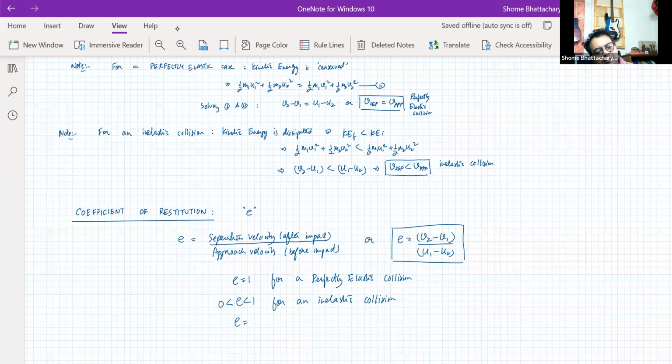And E is exactly equal to 0 for what we call a perfectly inelastic collision, because what happens in this case is that the colliding particles stick together.